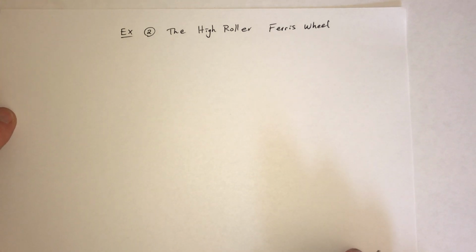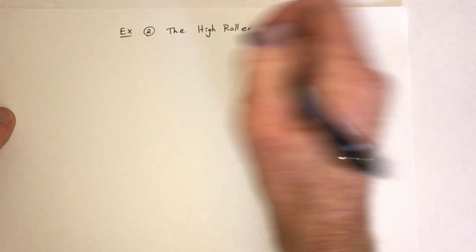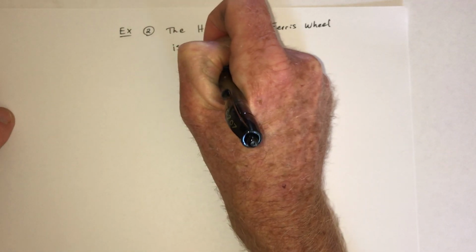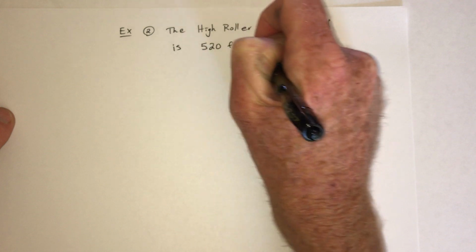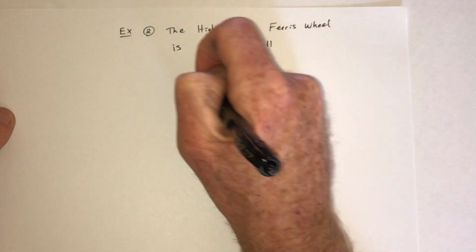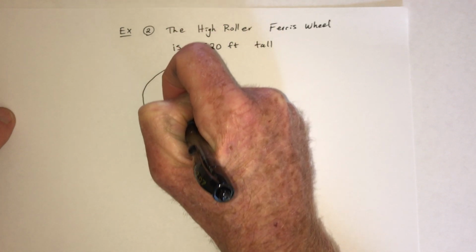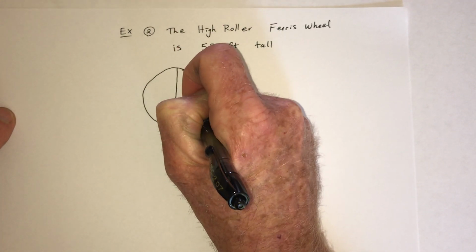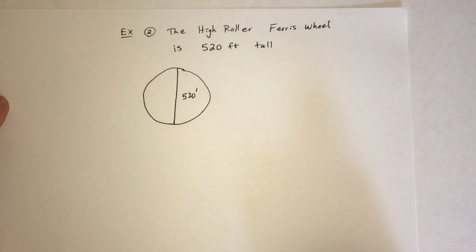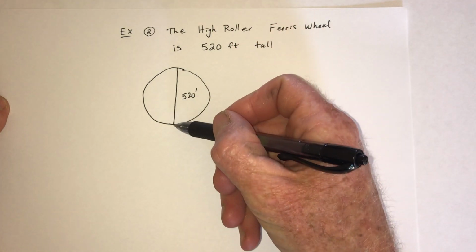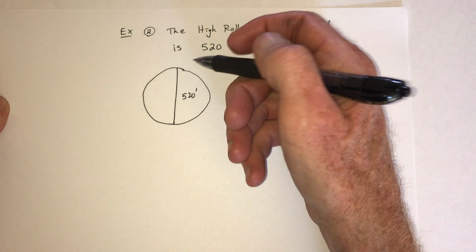It's called the High Roller. It's 520 feet tall. So that means if you look at the circle that it makes, then from top to bottom, that's 520 feet. In other words, the diameter is 520 feet.